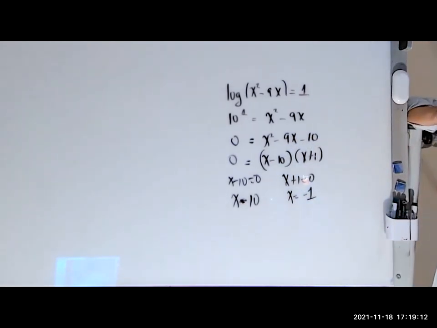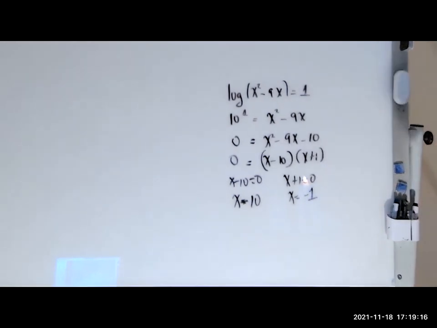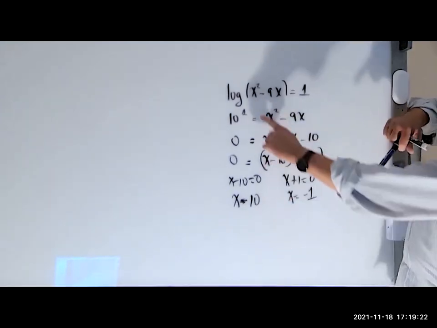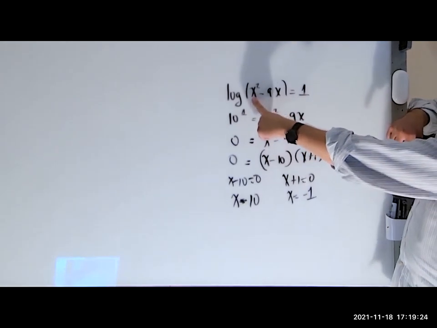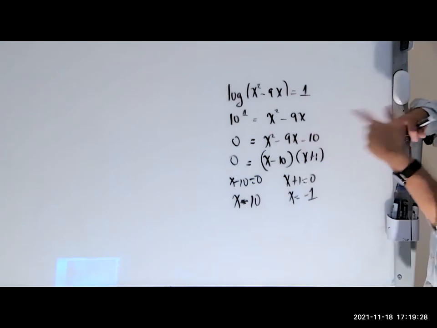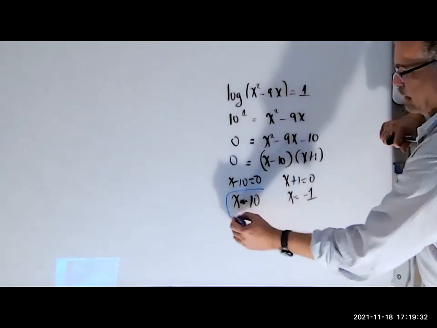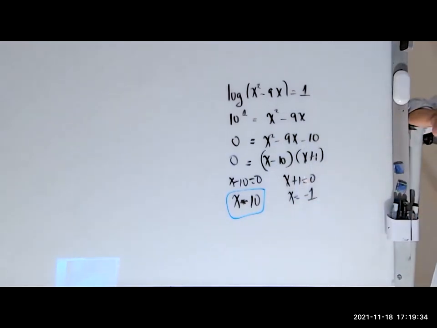So we have two potential solutions. Let's see if those solutions work. When x equals 10, 10 squared will be 100, 9 times 10 will be 90, and 100 minus 90 is positive. So we are safe with the 10. What about negative 1?